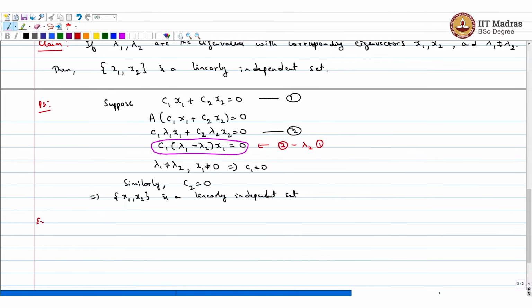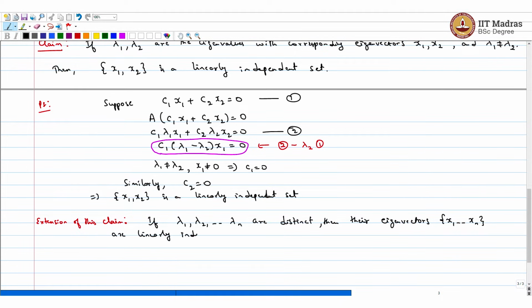Now, an extension of this claim, which I am not going to prove, but it is going to follow the same arguments, is: if lambda 1 to lambda n are distinct, then their eigenvectors x1 to xn are linearly independent.